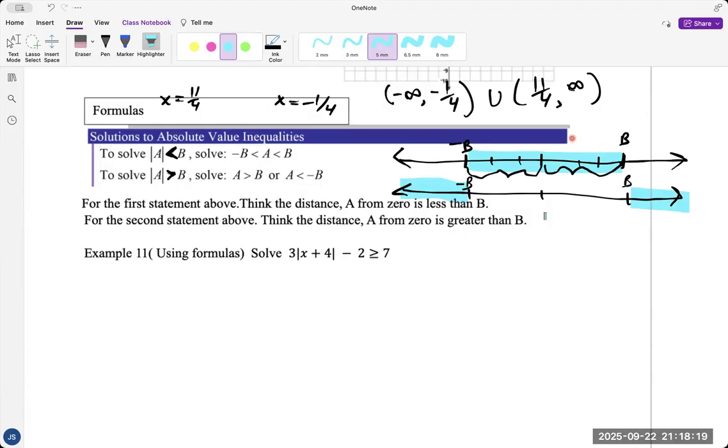So just remembering these pictures helps us to know these formulas.